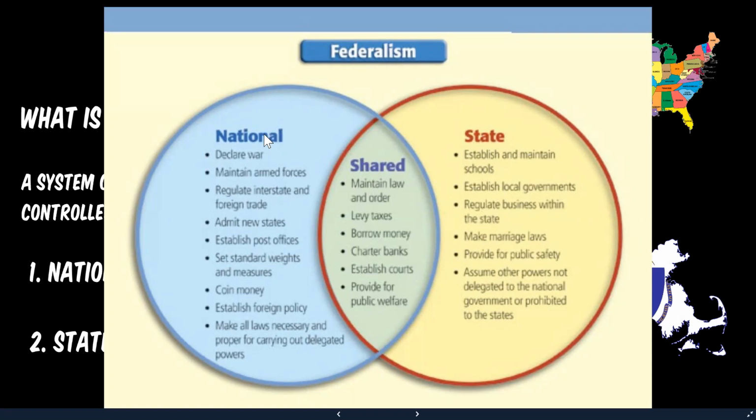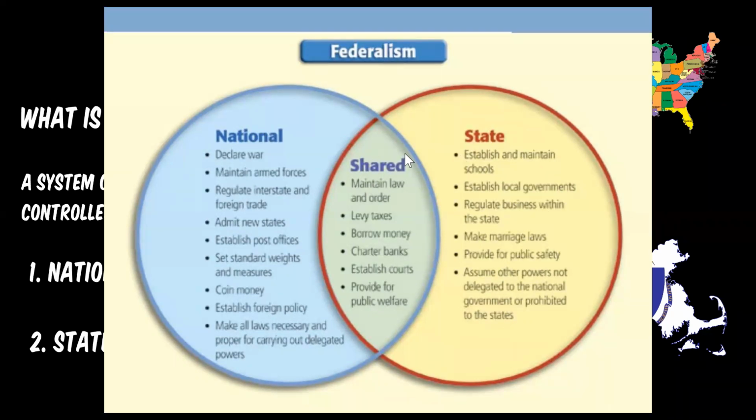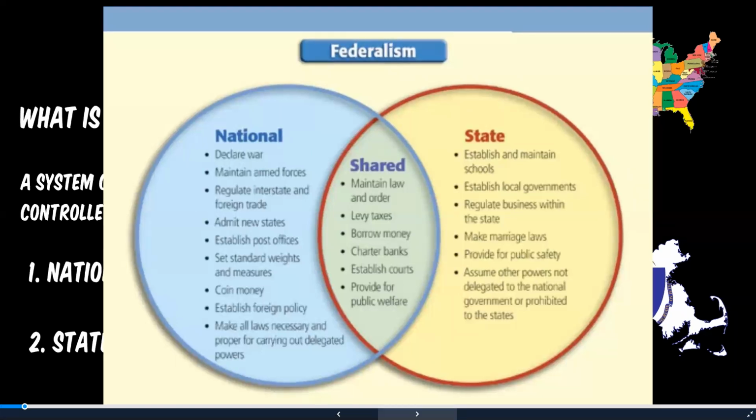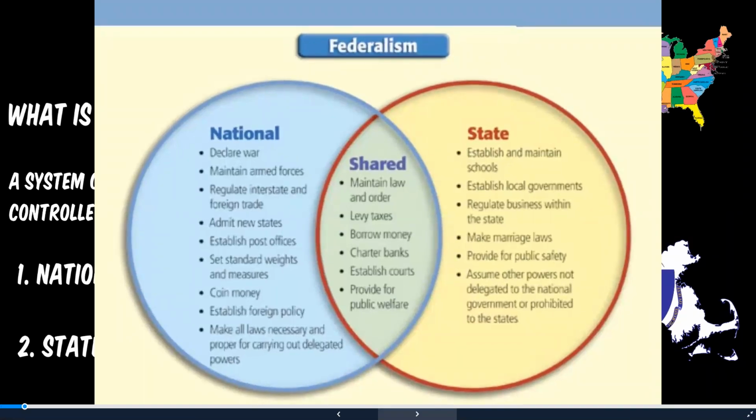The federal government cannot pass laws or in other ways try to regulate state businesses within the state. That is strictly left for the states under our Constitution. So with federalism, there is going to be some conflict. There is going to be some crossover, some shared powers that they have. But then individually, nationally and state level, they have their own set of powers that are listed and enumerated in the Constitution.